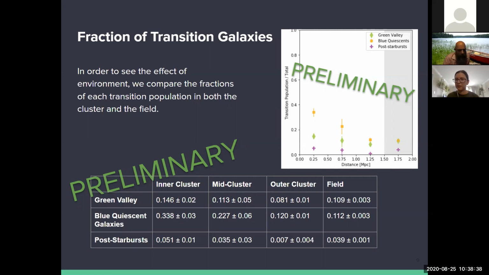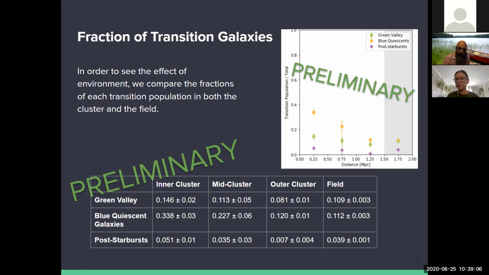You can see the fractions are down by about a third, going from inner to mid cluster, and so in log scale it would probably be consistent with the error bar having a similar slope. Yeah, I understand what you're saying.